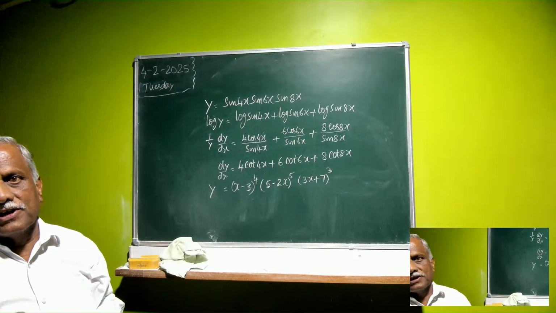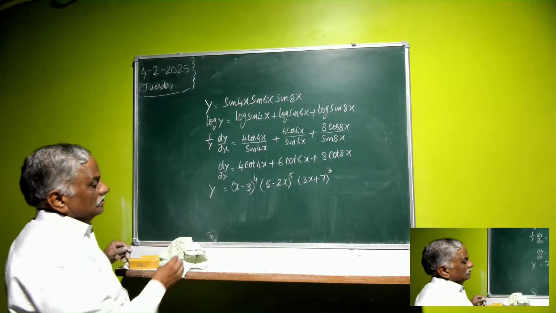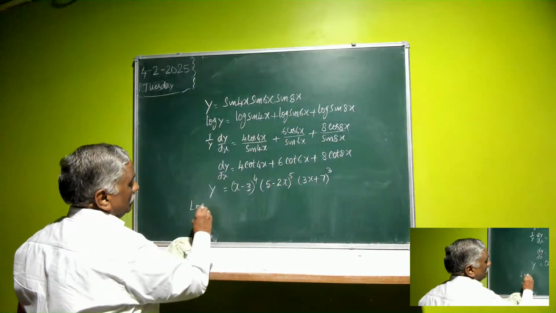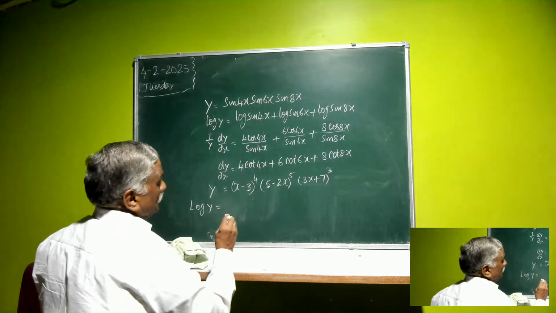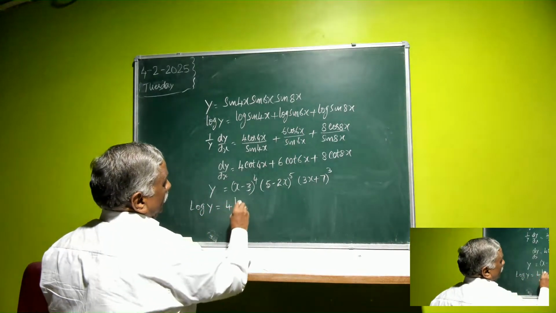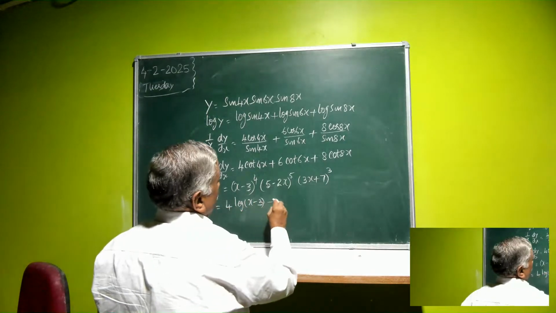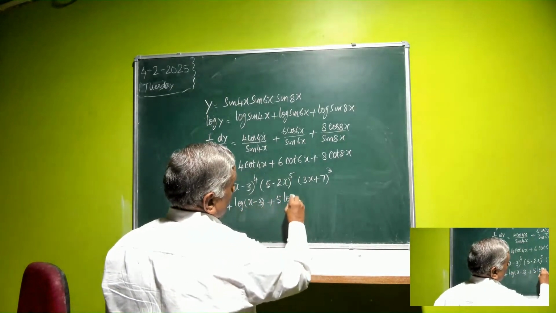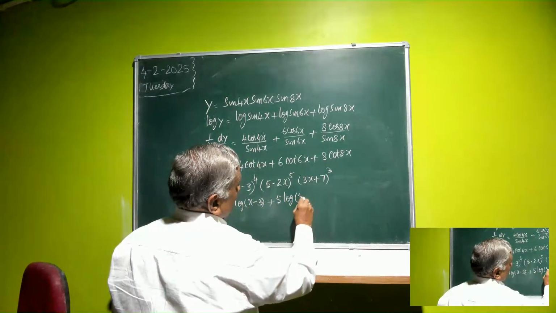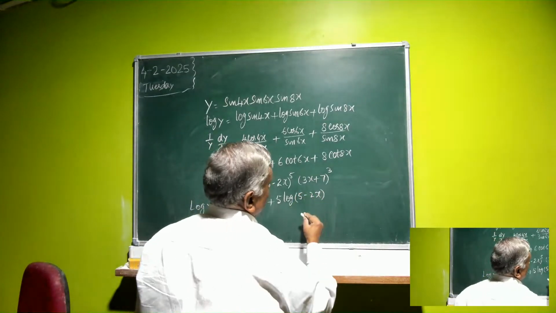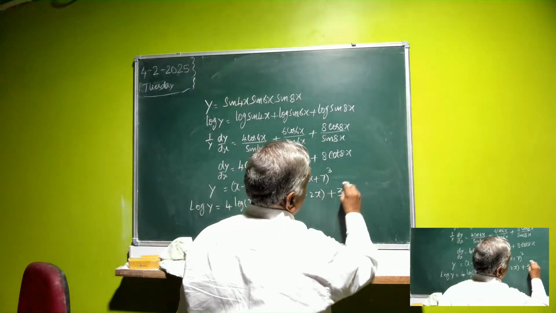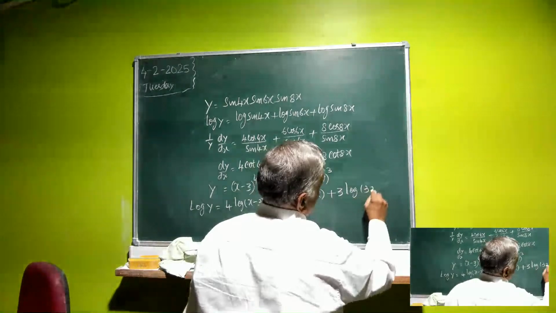Again, you notice it's f1x and f2x, etc. So you can take log. Log y is equal to 4 log x minus 3 plus 5 log 5 minus 2x plus 3 log 3x plus 7.